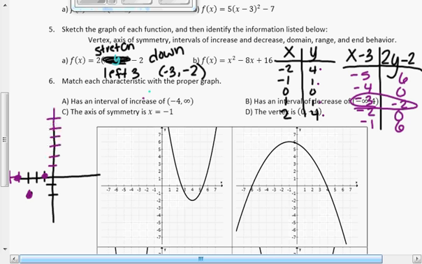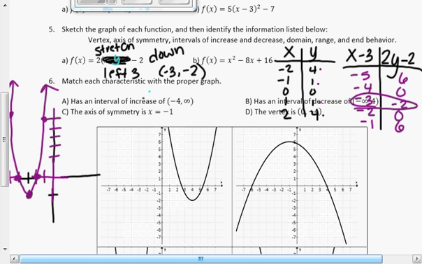And that also happens with our negative 1 is up 6. So then we plot our points. We connect everything. So finding our vertex, we already stated that it's negative 3, negative 2. You can either look at the graph or look at the table.